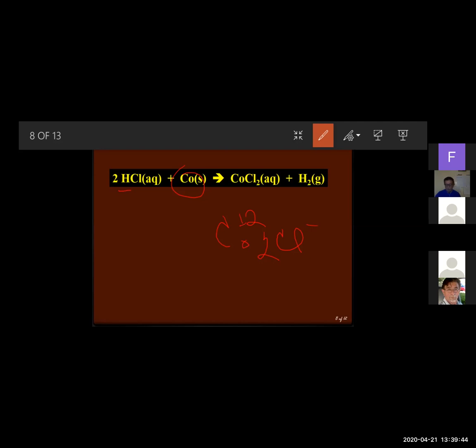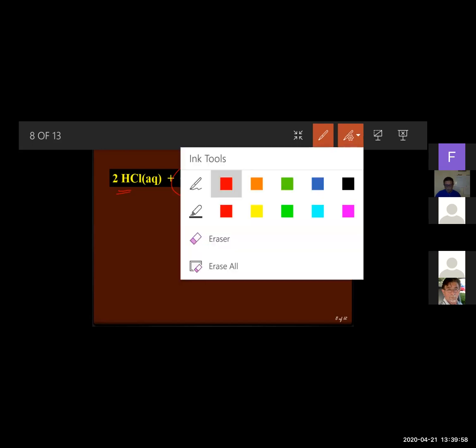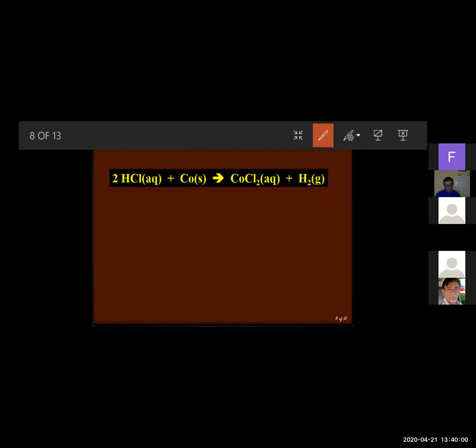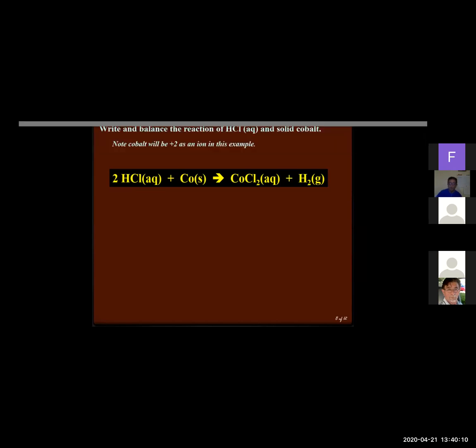So anytime hydrochloric acid reacts with a metal, the product you always get is hydrogen. That's the elemental form of hydrogen from the activity series. Okay. Now we balance it, and it is 2 hydrochloric acids to 1 cobalt to give us 1 cobalt chloride and 1 hydrogen gas.